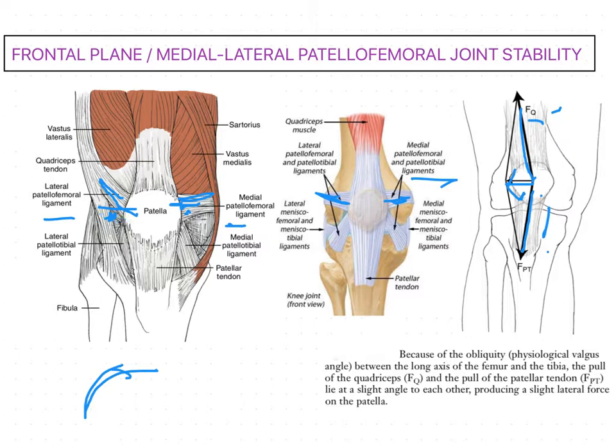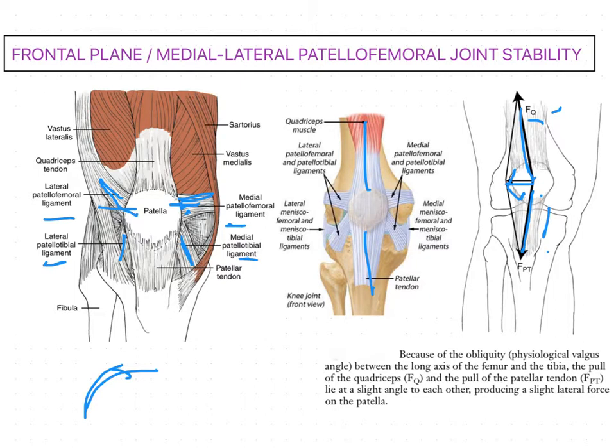Now coming to the longitudinal stabilizers. The longitudinal stabilizers of the patella are the patellar tendon inferiorly and the quadriceps tendon superiorly, and also the patellofemoral ligaments, or thickenings of the capsule anteriorly. Here we can see these thickenings.